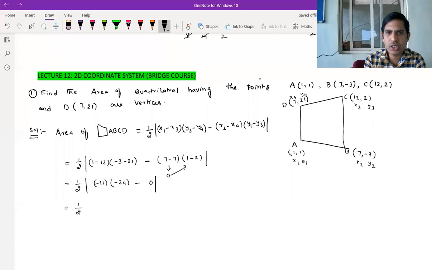Therefore the answer is 1 by 2 modulus of 11 into 24, minus into minus plus, which is 264. Dividing by 2, we get 132. That is the area of the quadrilateral.